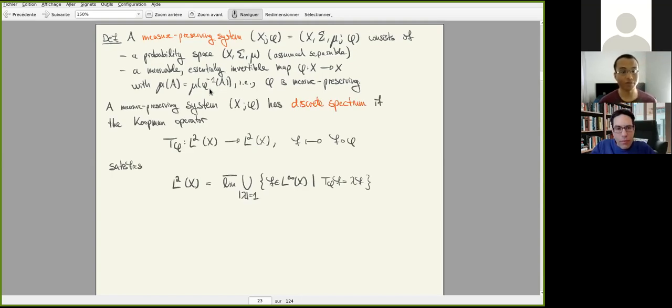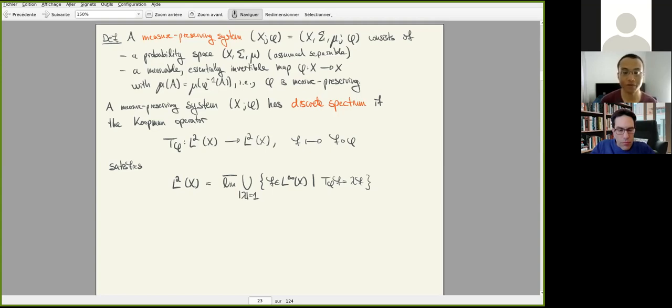Okay, and now we already saw systems for which we have a lot of eigenvectors, and one can do the same thing in ergodic theory. So a measure preserving system has, and here one says discrete spectrum, if the Koopman operator T phi from L2 of x to L2 of x satisfies that the entire L2 space is generated by eigenfunctions. And one has to use here the functional analytic description because one has no metric which one could use to try to do something on the level of points.